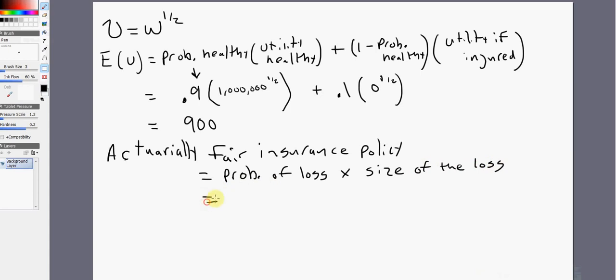So in our problem, the probability of the loss, in this case the golfer is injured, is just 10%. The size of the loss is that the golfer loses $1 million. So an actuarially fair insurance policy would charge this golfer $100,000. The golfer would pay an insurance premium of $100,000. If the golfer got injured, he would get $1 million, the size of his loss.